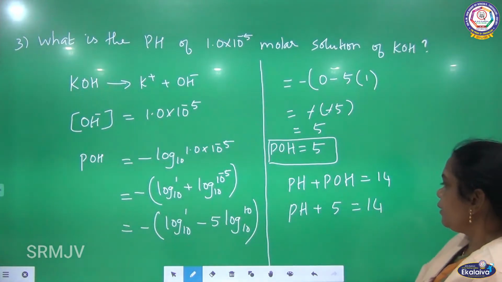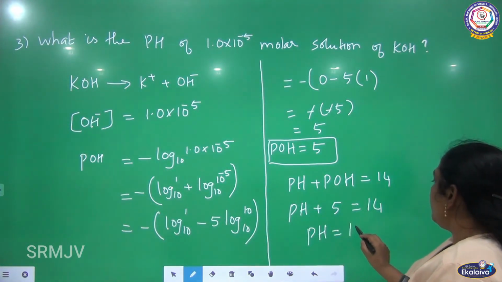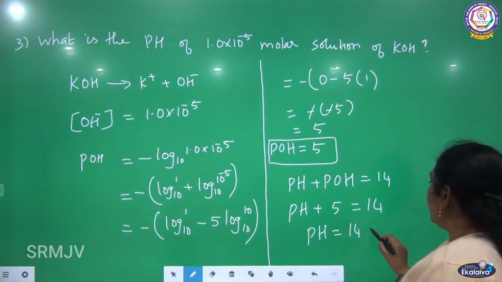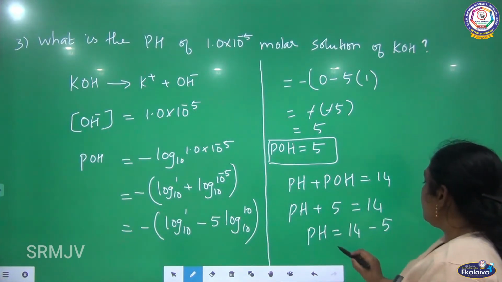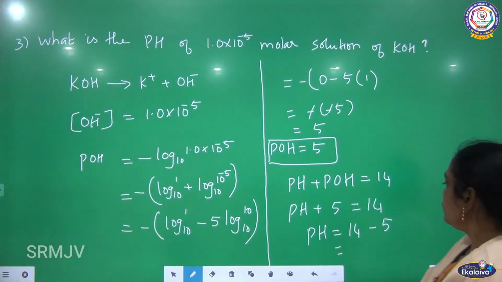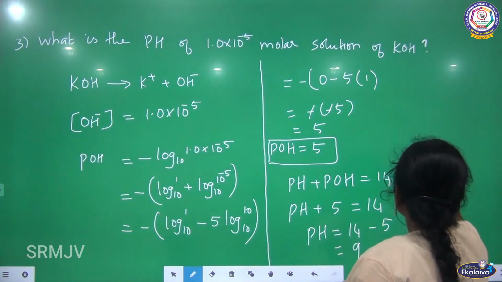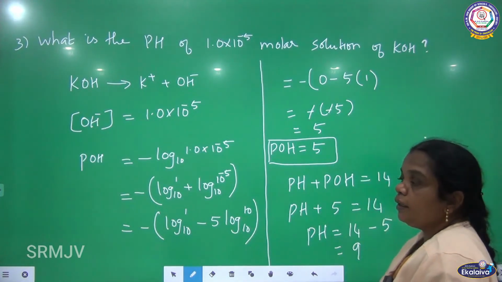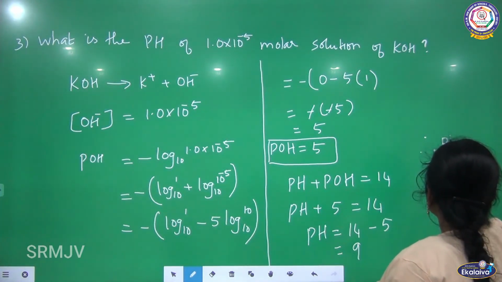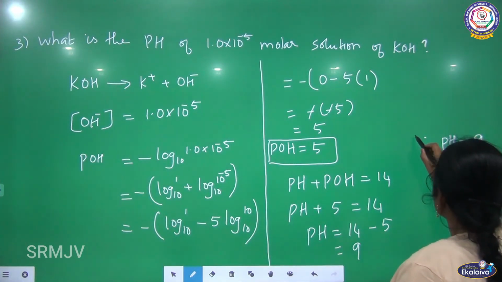Now the pH equal to 14, if you bring plus 5 to this side, it becomes minus 5. So 14 minus 5, 9. Therefore, the pH of the given KOH is 9.